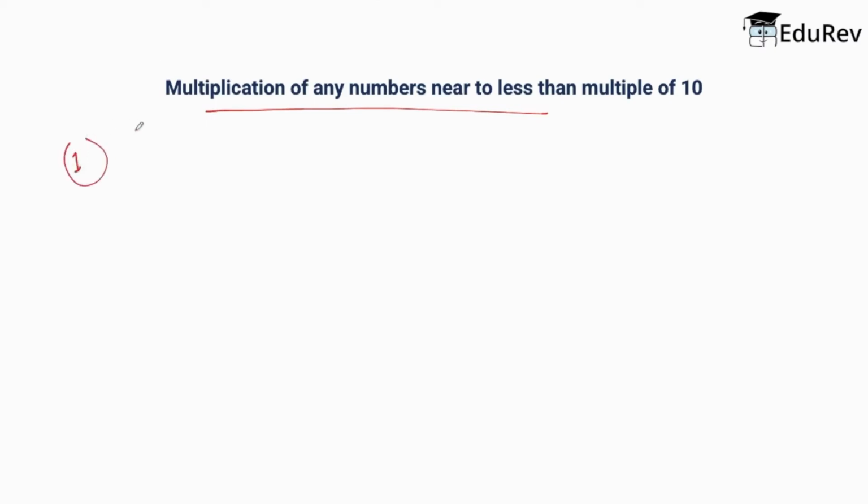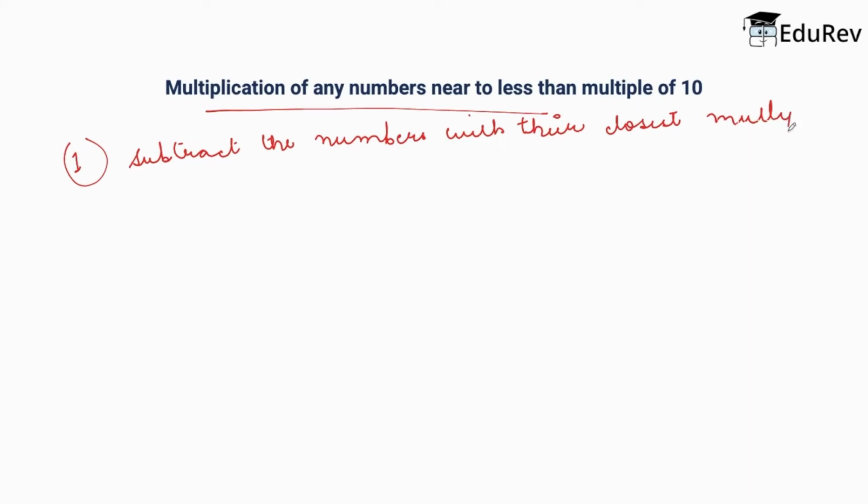Step 1 is that we need to subtract the numbers from their closest multiple of 10 and multiply the results.